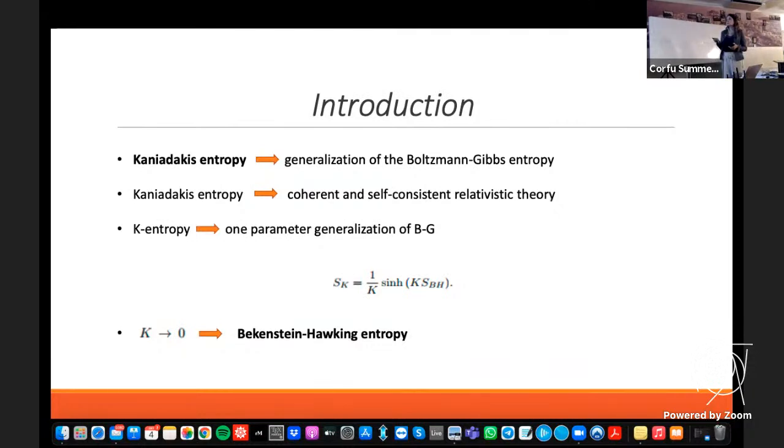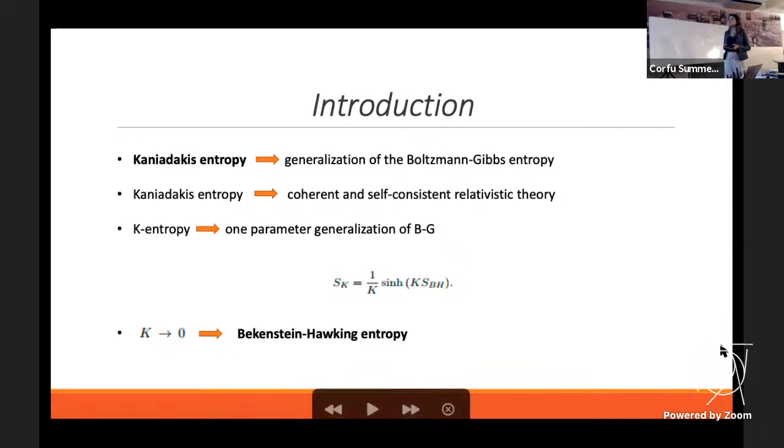An interesting generalized entropy is Kaniadakis entropy, which is a generalization of the usual Boltzmann-Gibbs entropy, as a result of a coherent and self-consistent relativistic theory. Kaniadakis entropy is a one-parameter generalization of Boltzmann-Gibbs entropy through this equation.